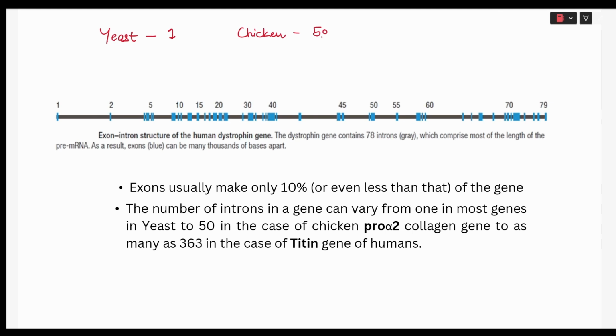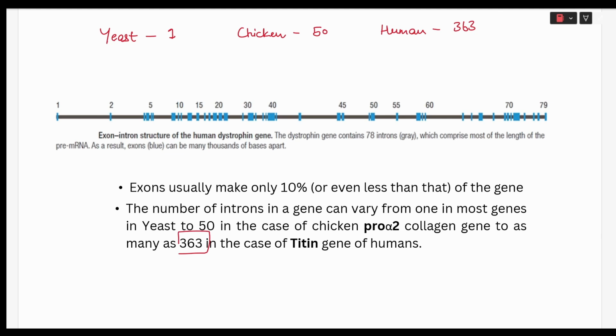For example, I'm talking here about a particular gene in the case of the chicken. There is a gene known as the pro alpha 2 collagen gene. It contains around 50. Now, let's move to the most complex organism present on this planet, humans. Humans can contain, I think there is the titin gene, as it is mentioned here.